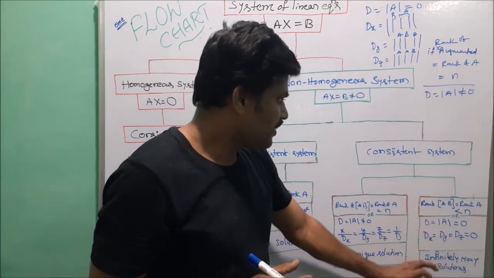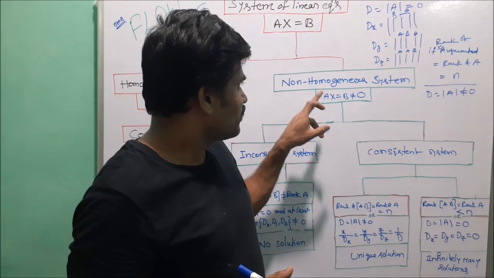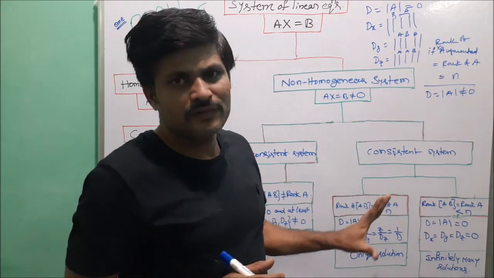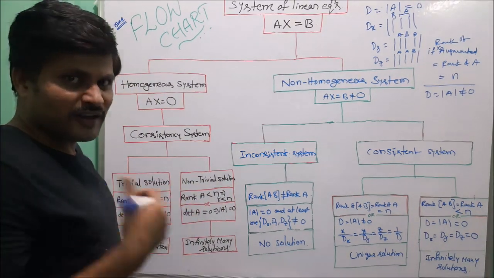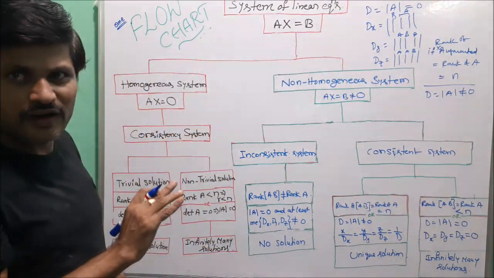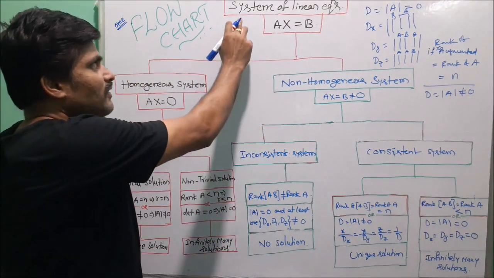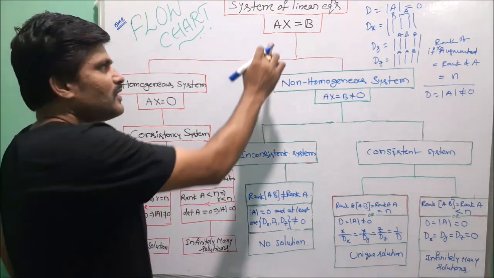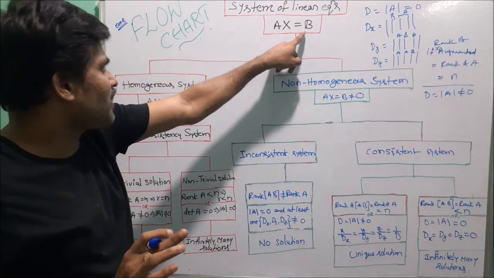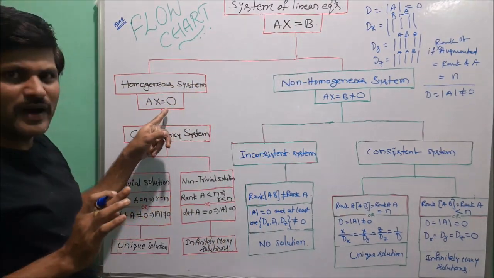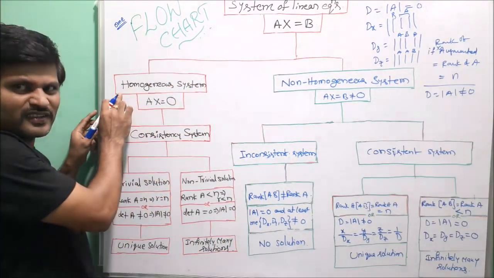So this is the procedure for the non-homogeneous system, which is consistency. And briefly, once again I explain the total flowchart. Given that the system of linear equations, the matrix form is Ax equals B. Here the constant matrix B is equal to the 0 matrix. The system is a homogeneous system.